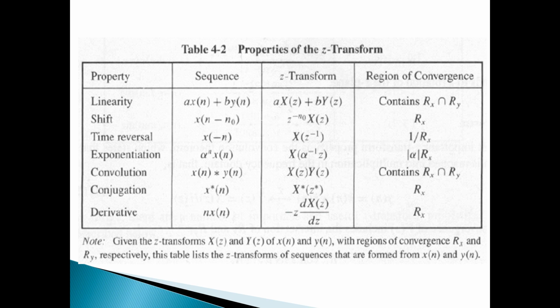Exponential function, scaling function, X of a inverse z, the convolution X(z) into Y(z), conjugate functions, and the last one is a derivative function, that is minus z d by dz of X(z). So these are the most basic properties which are used in Z transform.